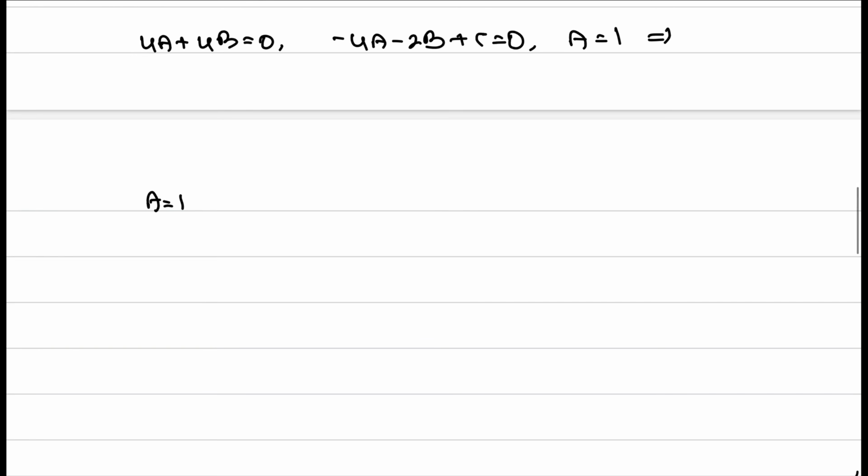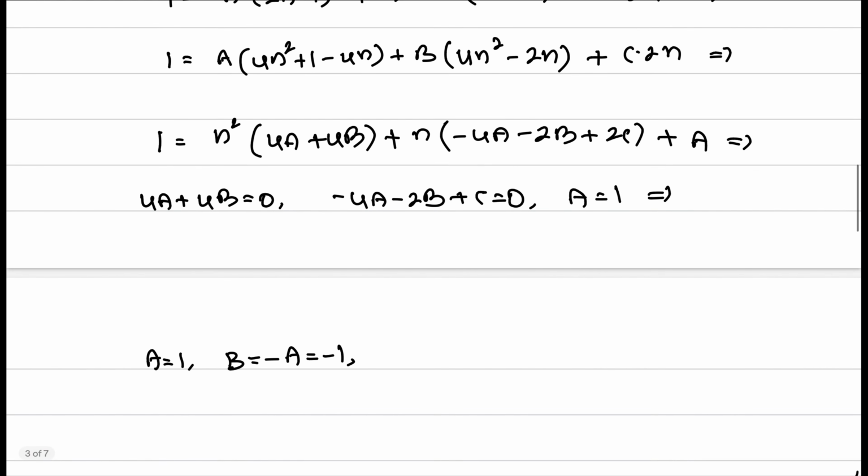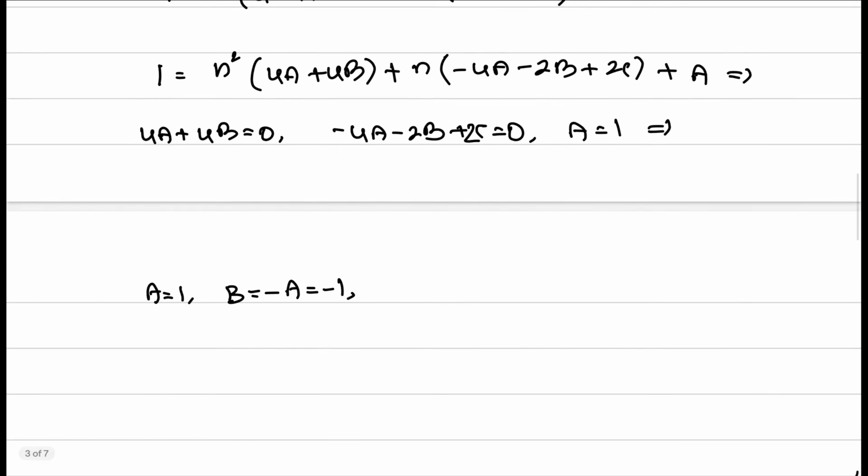A is equal to 1. 4A plus 4B is equal to 0. Therefore, B is equal to minus A, that is minus 1. Minus 4A minus 2B plus 2C, it is not C, it is 2C.